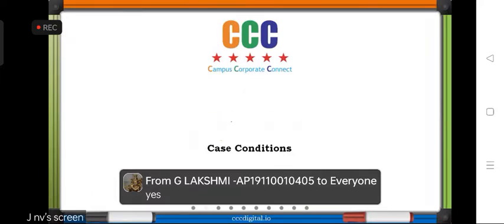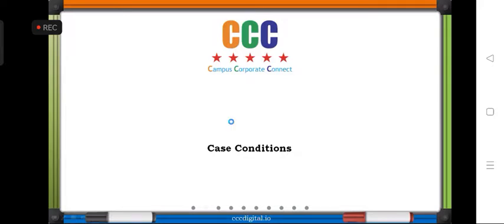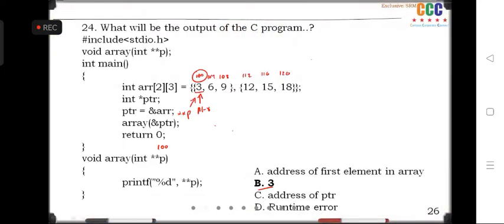But sir, address of PTR is the address of pointer, right? Address of PTR is address of pointer, that is 100. Yes, of course, Swikriti. So, PTR is 100. You are returning the address of ARR, and here to the array you are passing a pointer.